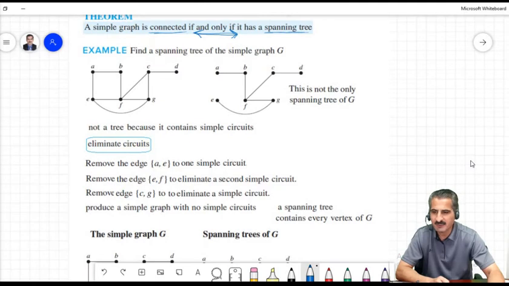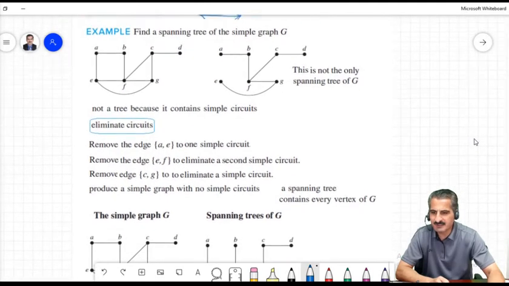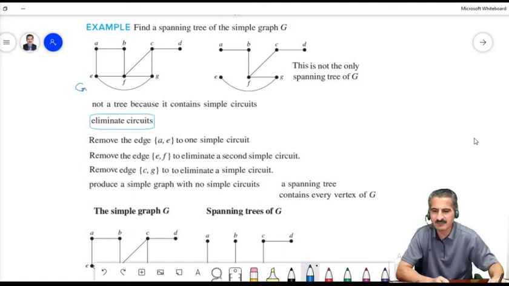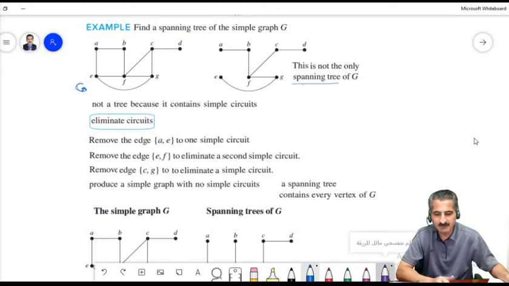Now to make things clear, this is an example, and it says find the spanning tree for the simple graph G. This is the simple graph G, and we want to find a spanning tree for it. At the left is the graph G, and at the right is the spanning tree. How could we obtain a spanning tree for this graph?